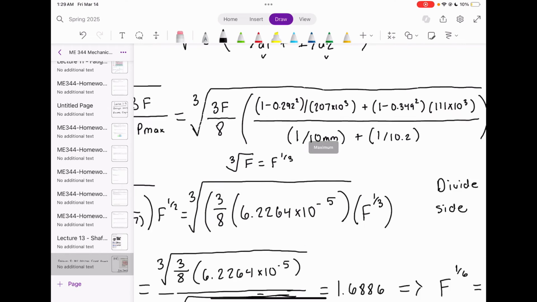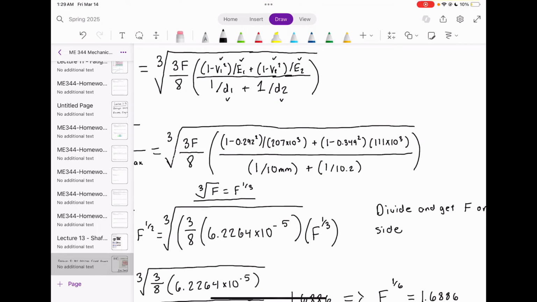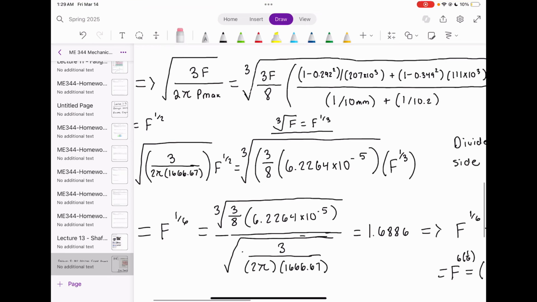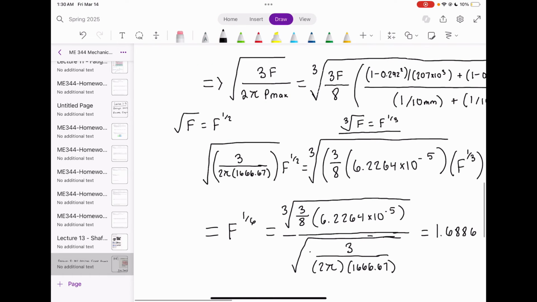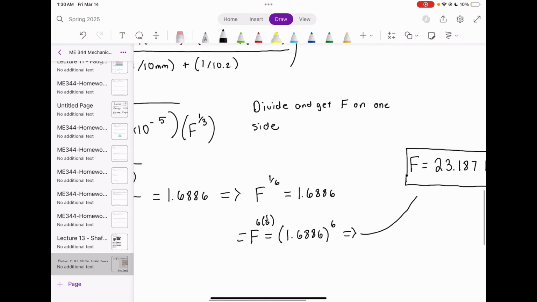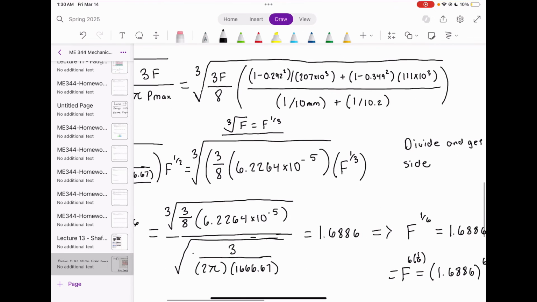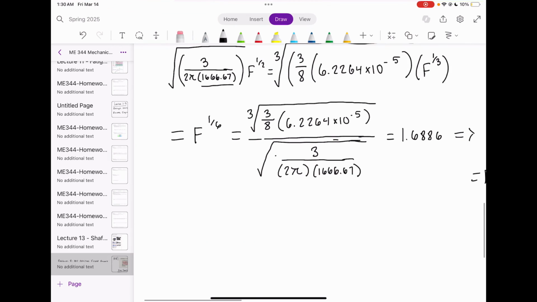So after solving for everything in the parentheses and in this equation, we get the answer of 6.2264 times 10 to the negative fifth. And we are taking this whole thing and the P max that we plugged into the equation and dividing the F's to get them on one side and all the numerical values on one side.